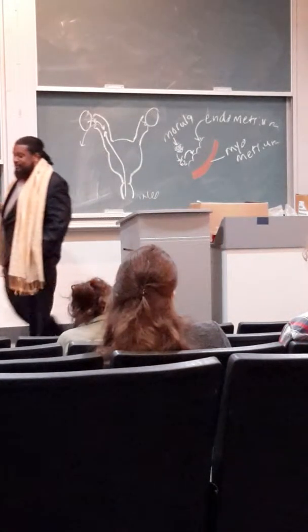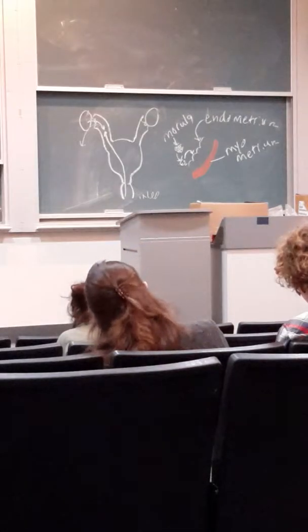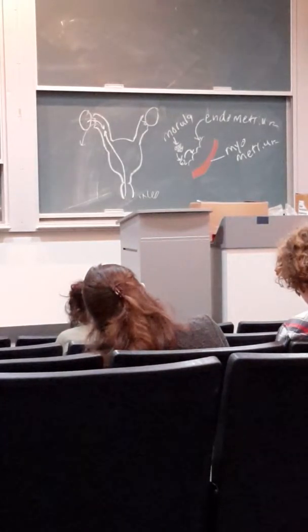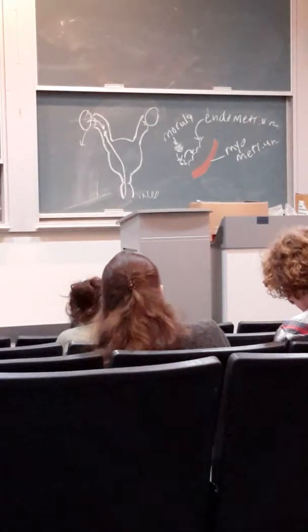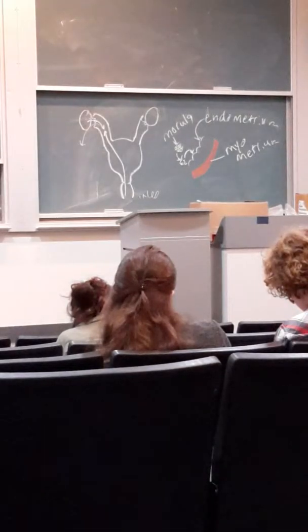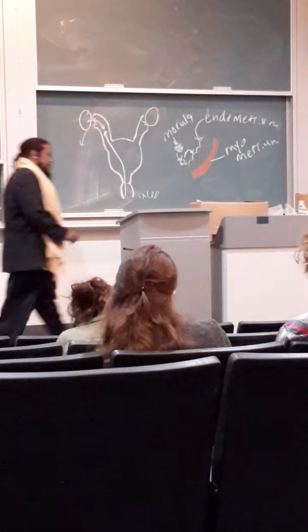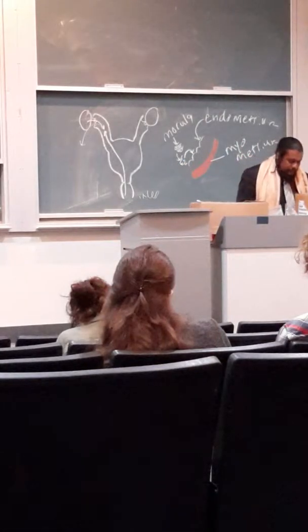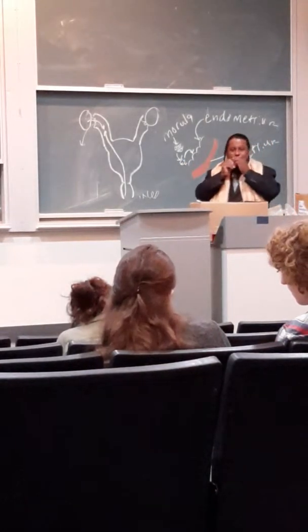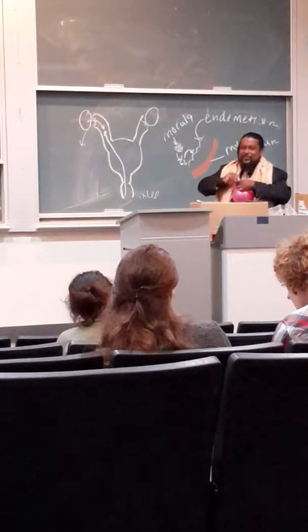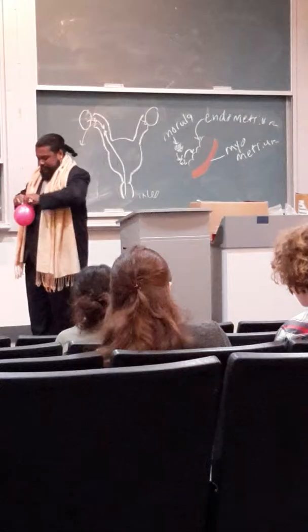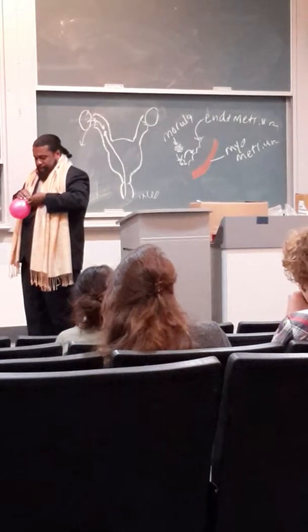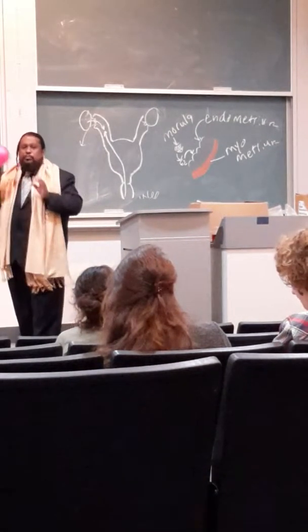The second hijacking is the following. Over the next week, so 2 weeks after ovulation, the morula will become a blastula. Here, I have a demo. The morula will become a blastula, which is a hollow ball of cells.